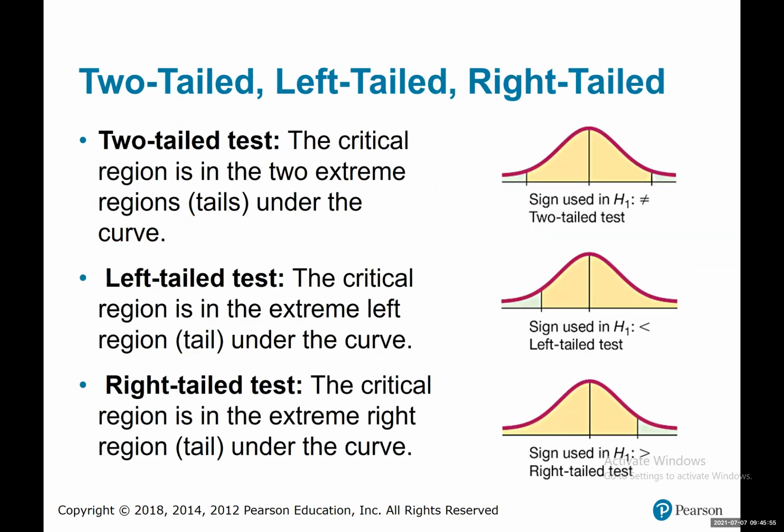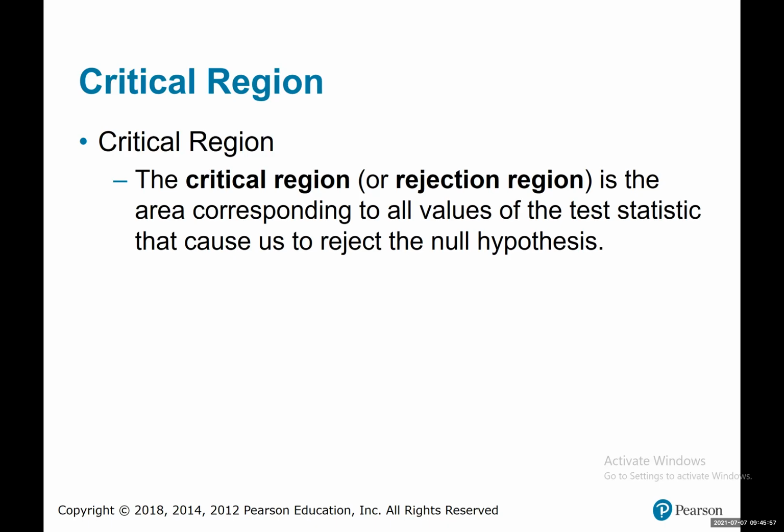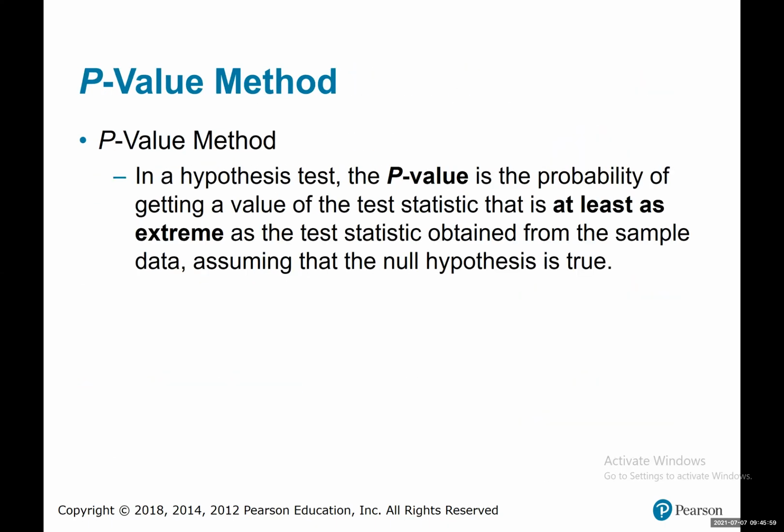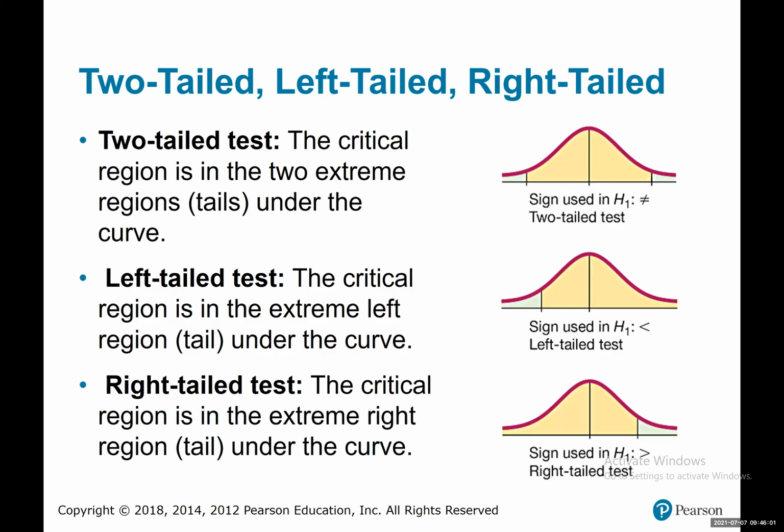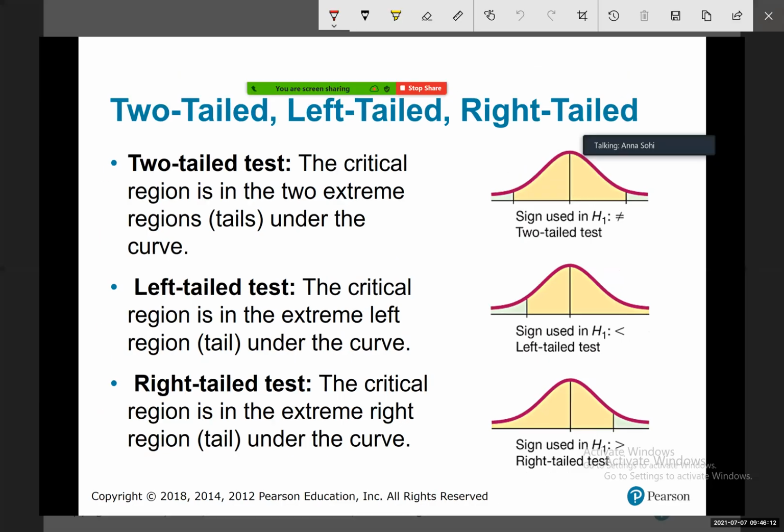Anytime it says critical values, don't worry about it. Let's talk about one tail, two tail, left or right. If you are saying not equal to in your alternative, that's called two-tailed, because it could come from either of the two sides.